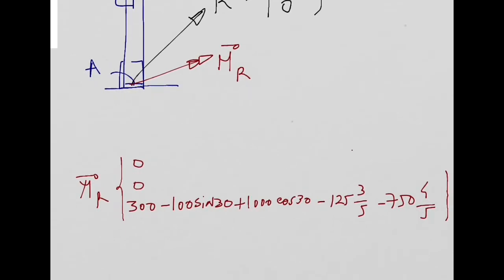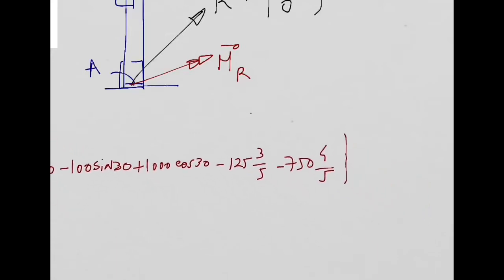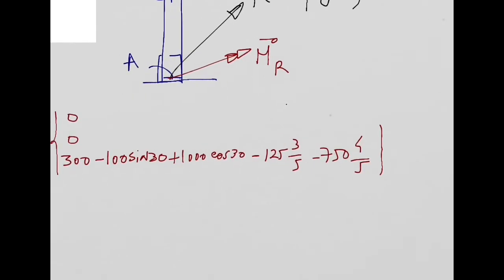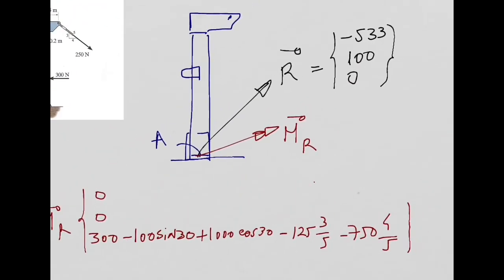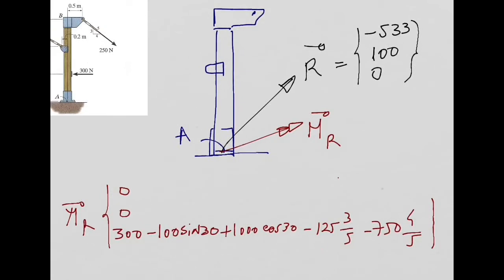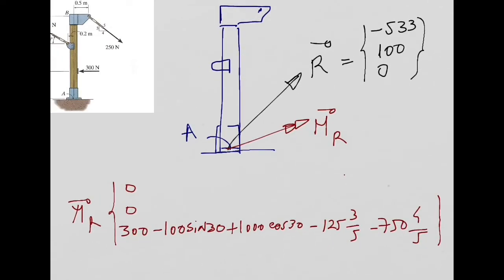Now you can see, you will have an equivalent system in our same structure, but as you can see, everything now is concentrated at point A. You have the resultant of the forces, this R vector, minus 533, 100, 0, which is the summation of all the forces.